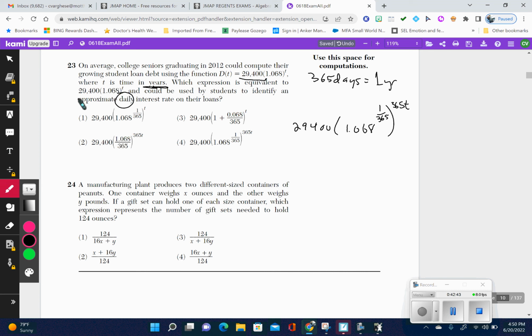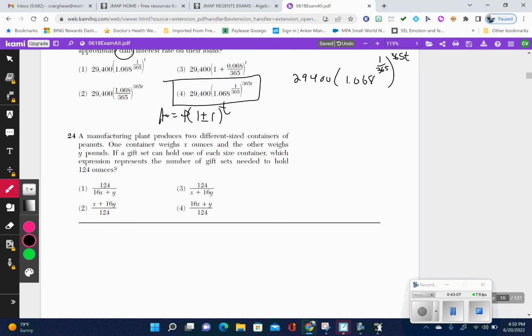This is the same formula as the A equals P(1 plus or minus r) to the t formula. When you're either compounding or changing the time, whatever number you put here on the bottom goes here on the top. And we have to find the one that matches, which is going to be choice number 4.